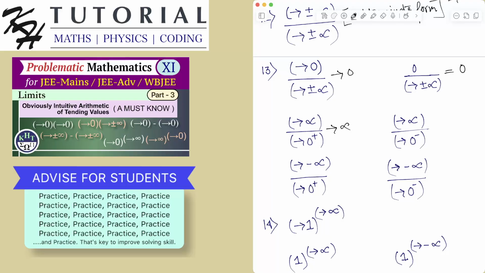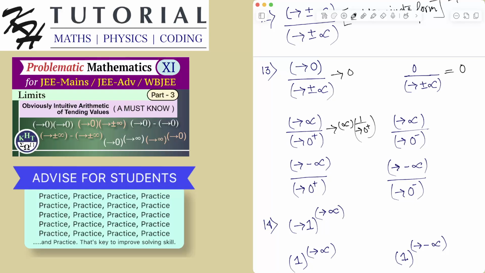Whereas infinity by, basically, how it works is this: I am omitting the tending value with infinity because tending to infinity is the same as infinity. So this is actually infinity multiplied by 1 by tending to 0 positive. Now 1 by tending to 0 positive is always positive infinity.